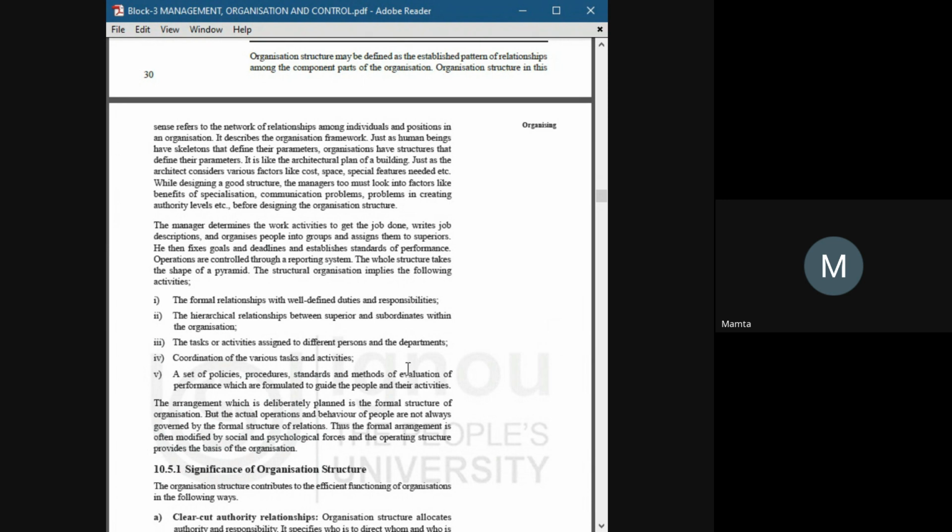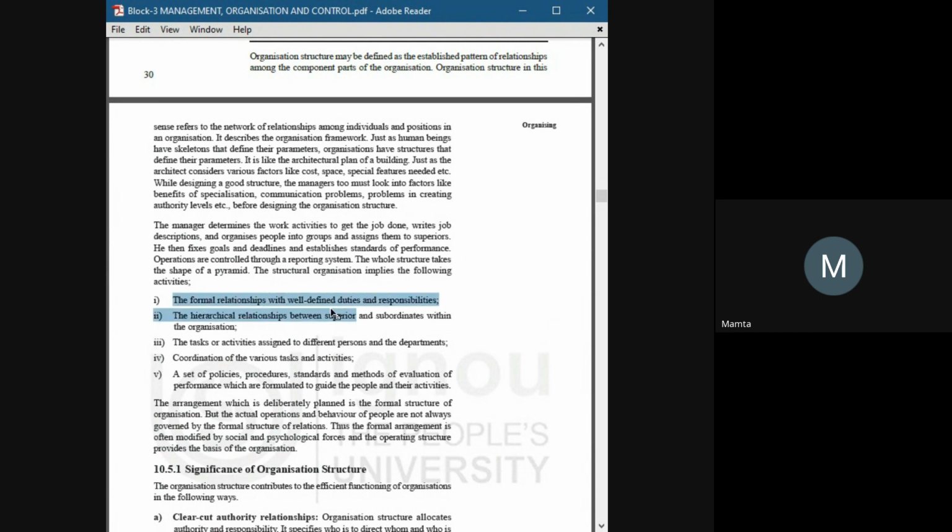So the manager determines the work activities to get the job done, writes job descriptions, and organizes people into groups and assigns them to superiors. He then fixes the goals and deadlines and establishes standards of performance. Operations are controlled through a reporting system.